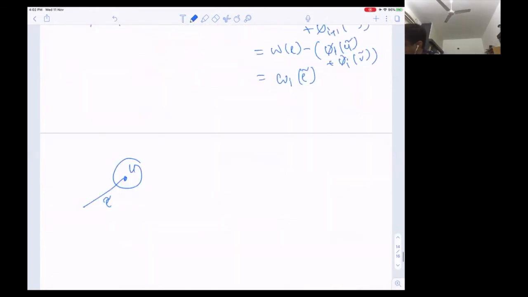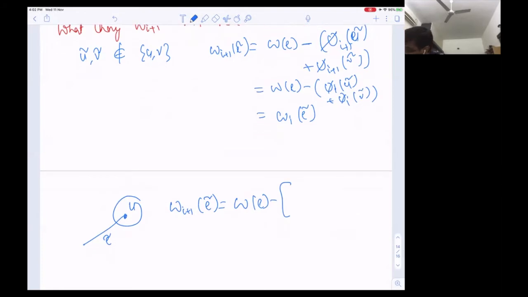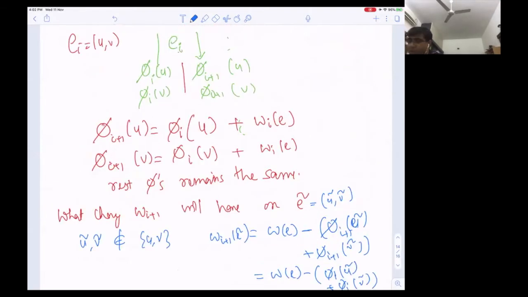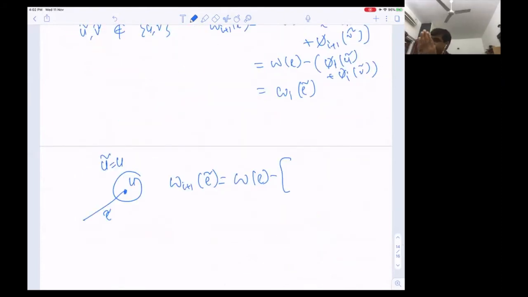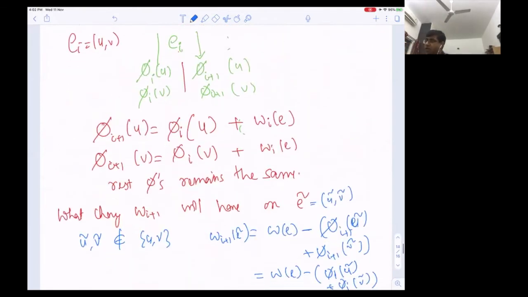If I write down Wi plus 1 of E tilde, then it is the weight of E. But now suppose U tilde is U. I know that my potential of U tilde, U, had changed by the quantity Wi of E. Now this is the weight function after I have done this edge modification.